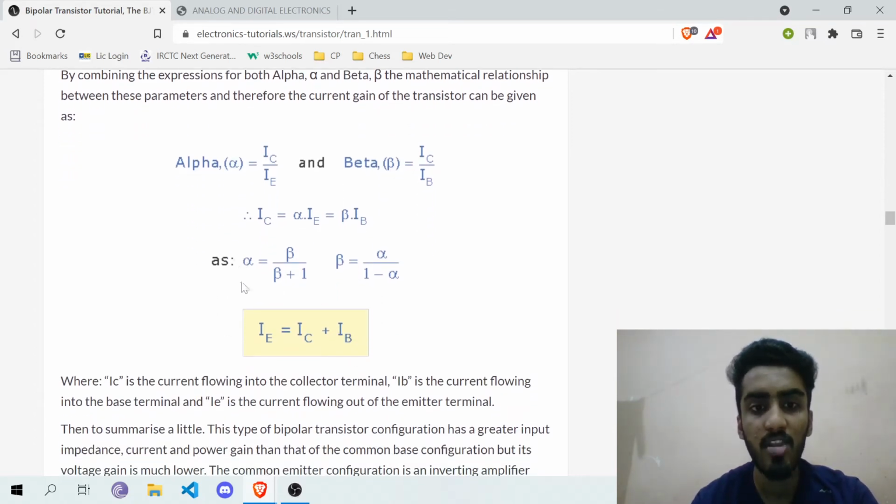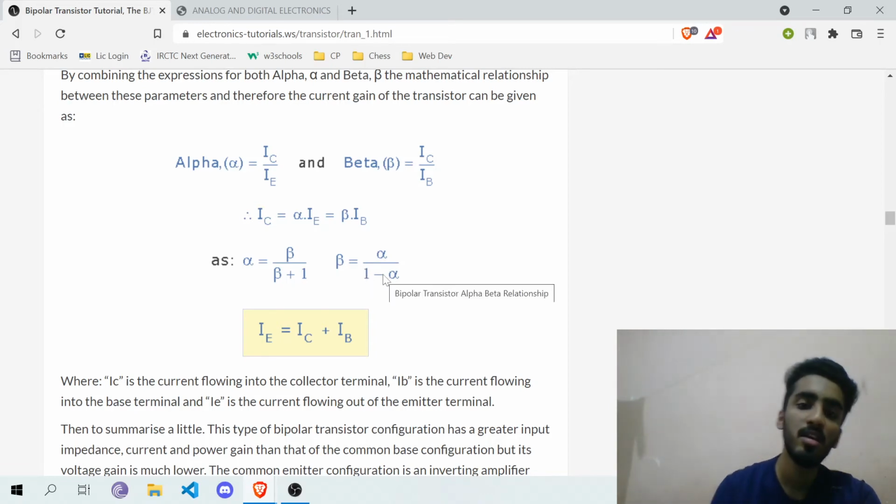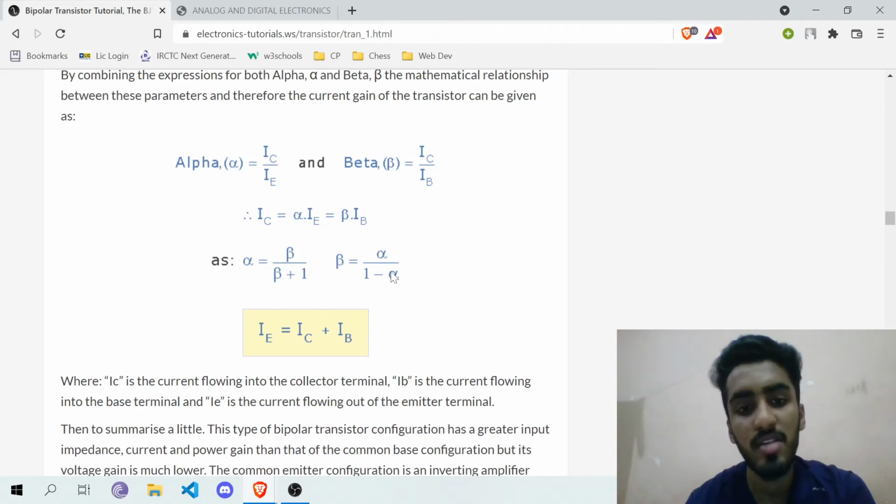Now this is the relation between alpha and beta. As you can see, as alpha is always less than 1, the numerator is less than 1 and the denominator is even lesser than 1, so the value of beta is always greater than 1.